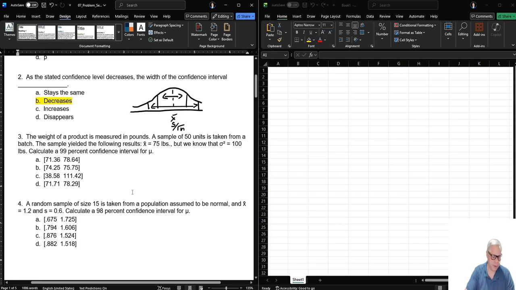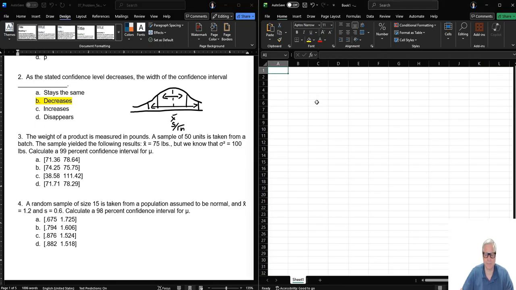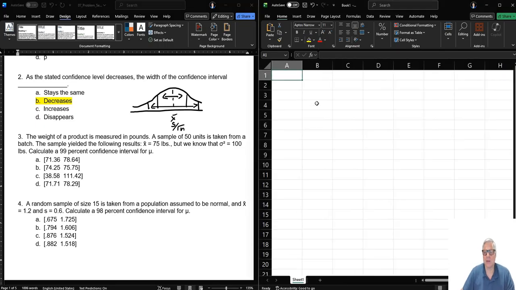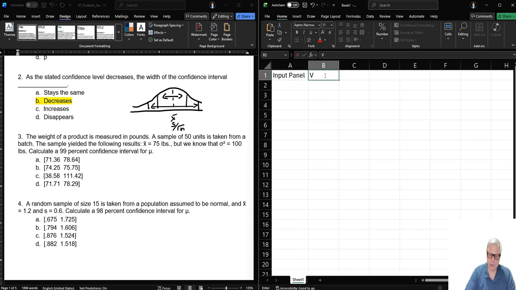Okay, so at this point, I think we can start actually coding or programming this answer, and we can use it for other purposes. So what we need is, when it comes to confidence interval, we have to answer a couple of questions. I call that the input panel, where we need to enter our information that we have.